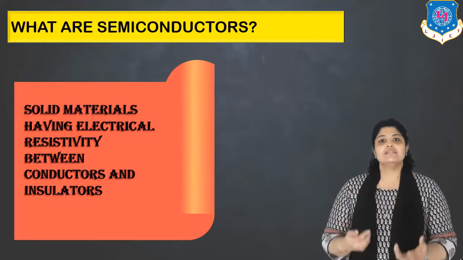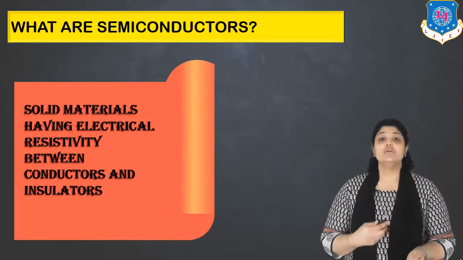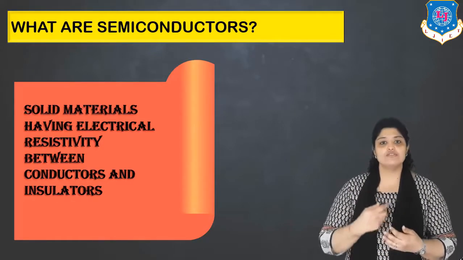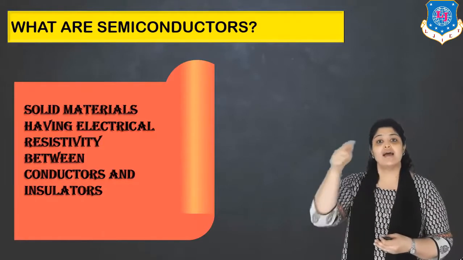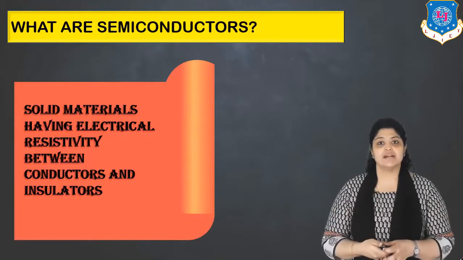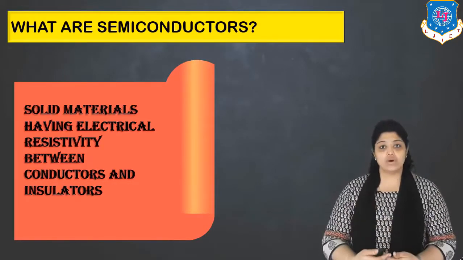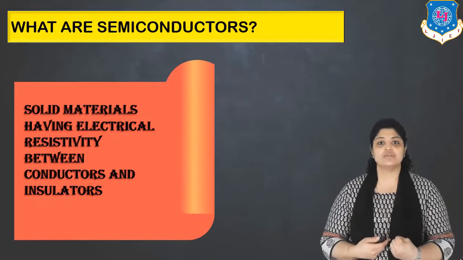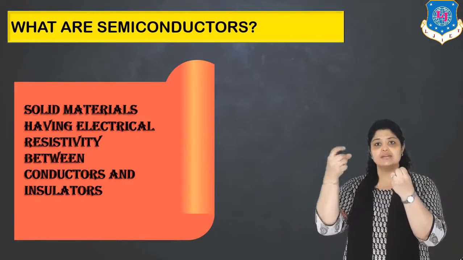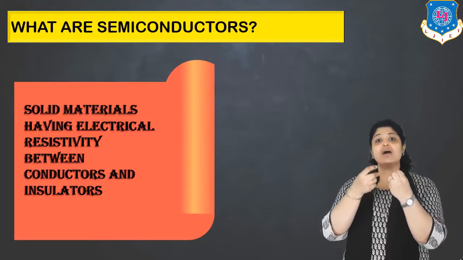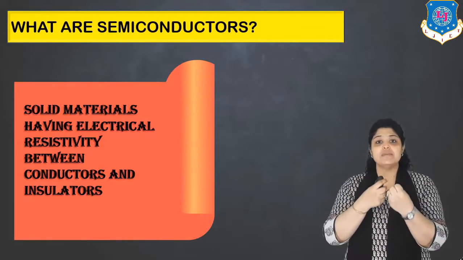What exactly is a semiconductor? Looking at the valency of these materials, you can say the outermost shell, that is the outermost orbit, has 4 electrons. So just consider one atom and the second atom. What exactly happens in semiconductors?